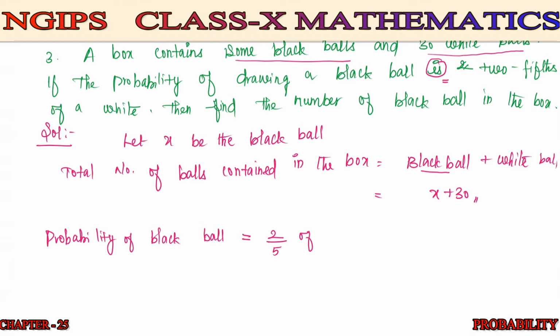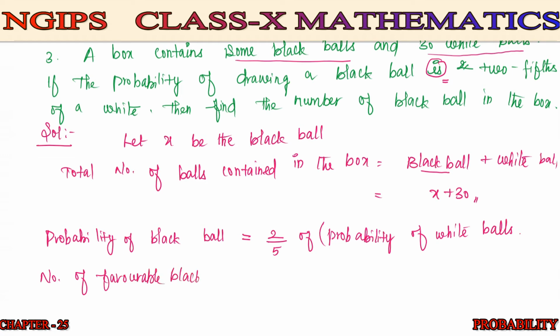It is nothing but 2/5 of the probability of white balls. The probability of black balls is the number of favorable outcomes for black balls divided by the total number of possible outcomes.